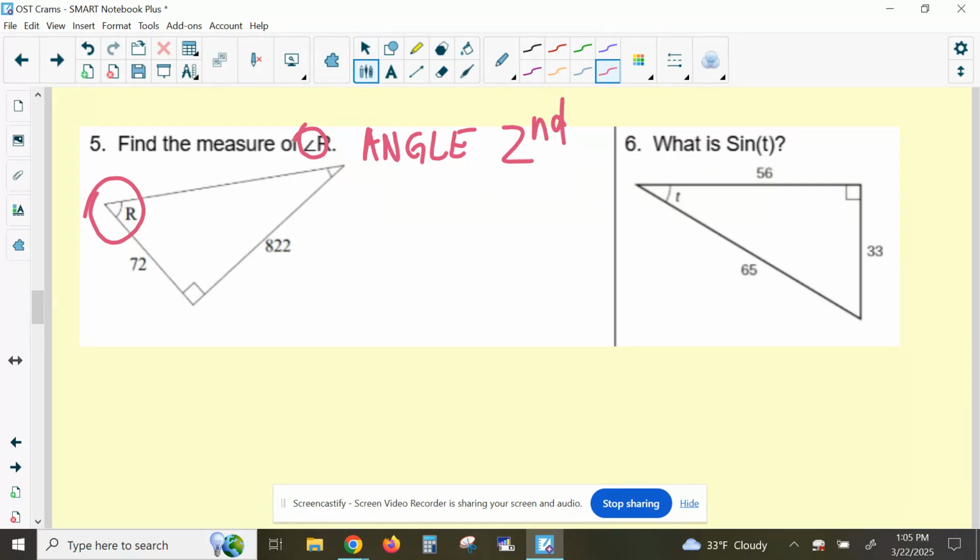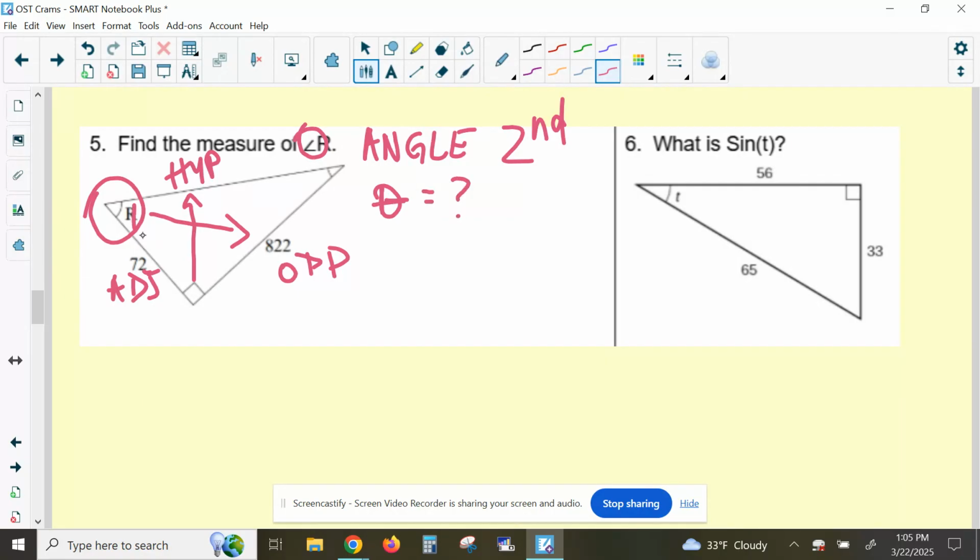Okay, so I circle the angle that I want. Across from that angle is going to be my opposite. Across from the right angle is going to be my hypotenuse. This side over here is going to be my adjacent. The angle R, or theta, is my missing piece.